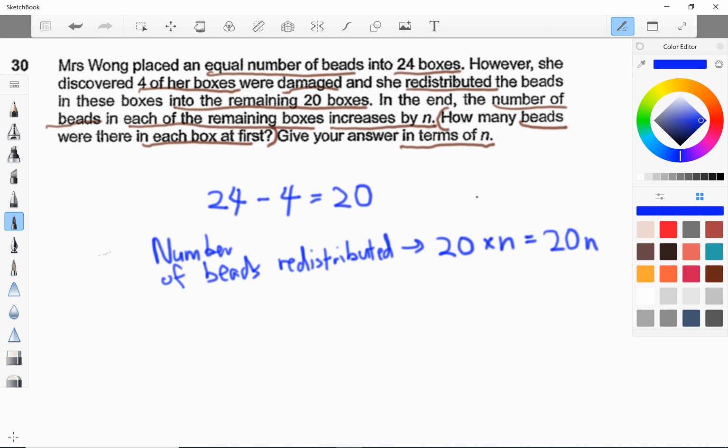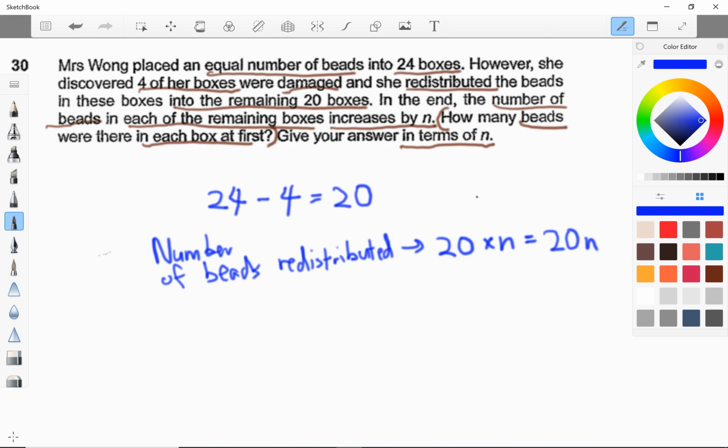Alright? And because 4 of the boxes were damaged, she had to redistribute the bits into the remaining 20 boxes. As a result, the number of bits in each of the remaining increases by n. So 1 box, it will be n, 2 boxes, 2 times n, 3 boxes, 3 times n, so on and so forth.